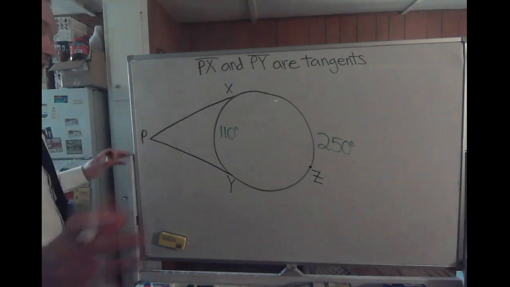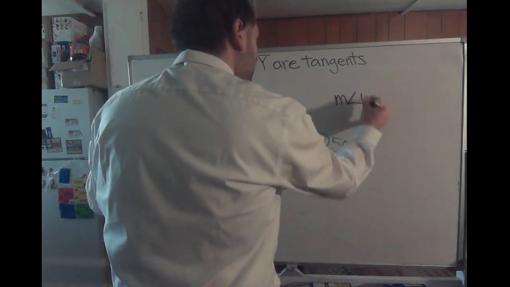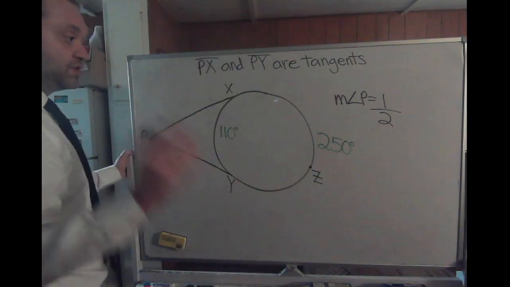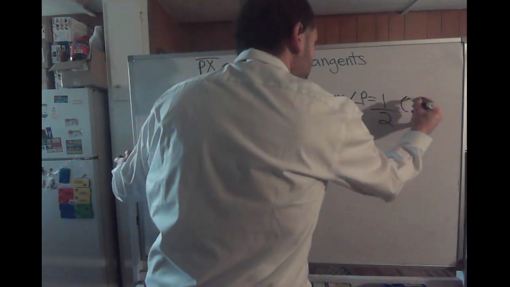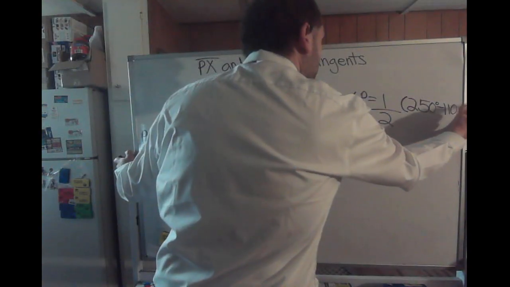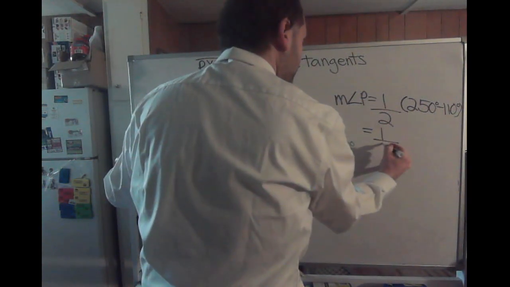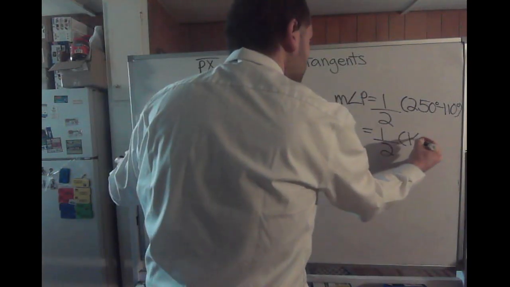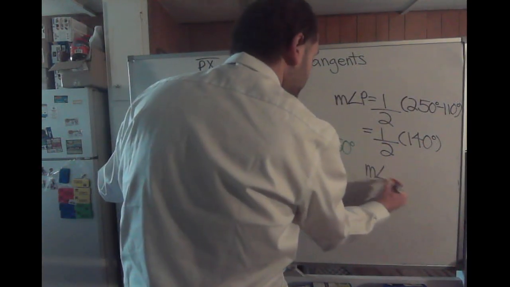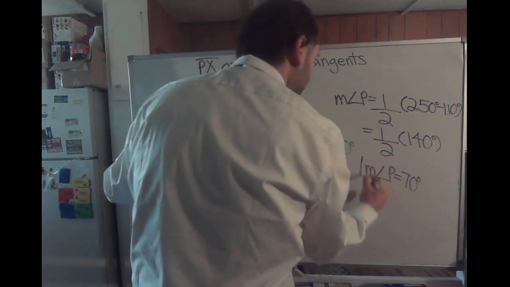So to solve for angle P, once again, that's going to be equal to half the difference of the 2 arcs, so it would be half of 250 minus 110, which would end up being half of 140 degrees, which means that the measure of angle P would be 70 degrees.